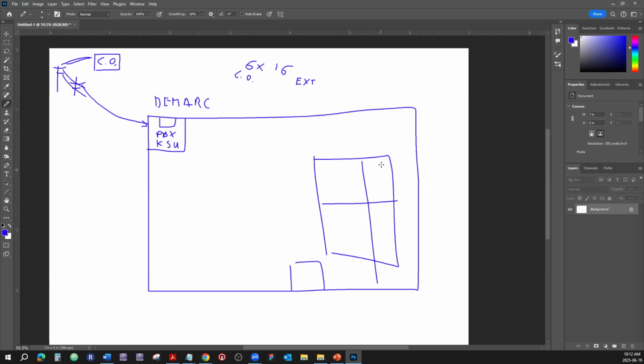So you can call one person, call another office, and that doesn't involve using an external line. It just goes through that box, which is PBX or KSU.